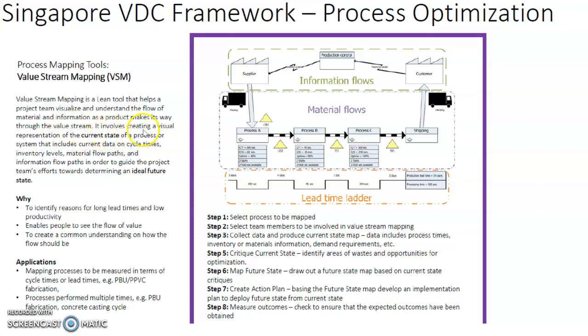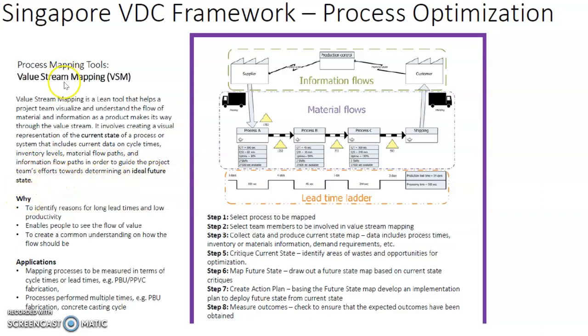It involves creating a visual representation of the current state of a process or system that includes current data on cycle time, inventory levels, material flow path, and information flow path in order to guide the project team's efforts towards determining an ideal future state.